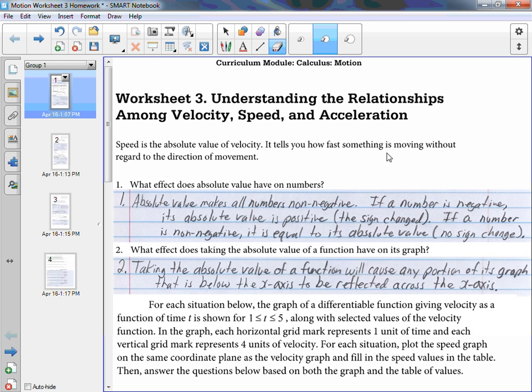So if you had the graph of velocity and part of the velocity was negative, do you know what the graph of speed would look like? Yeah, any part of the graph that's negative for velocity, to get the graph of speed, just reflect the negative part in the x-axis, and you'll have the graph of speed.